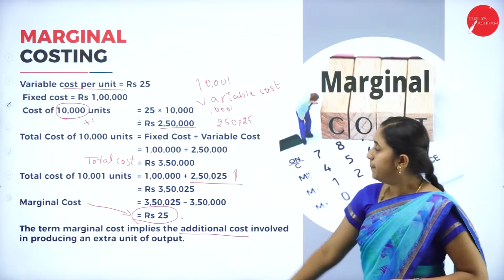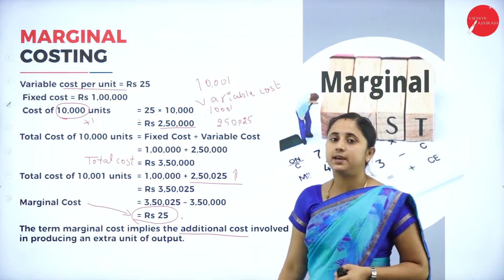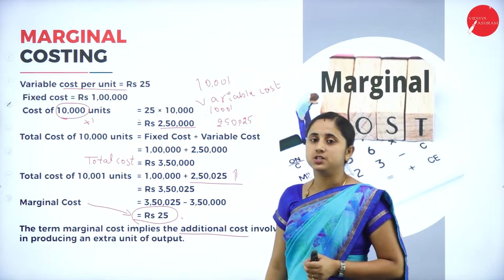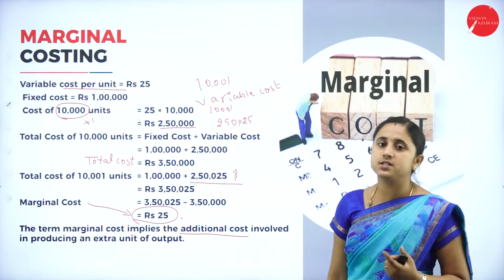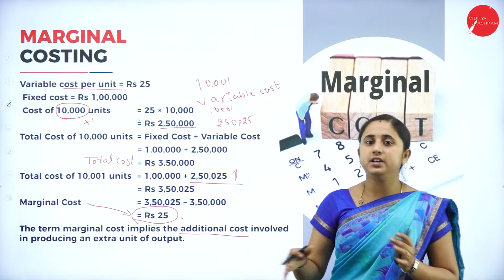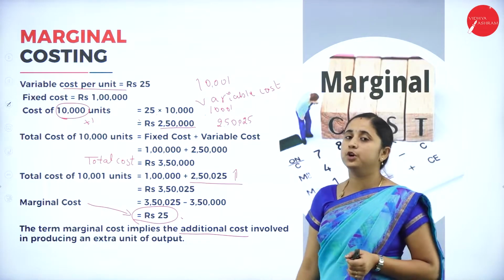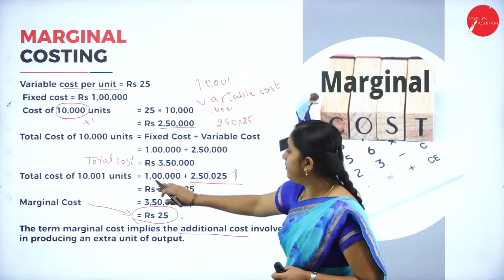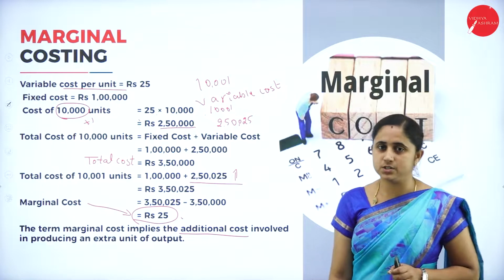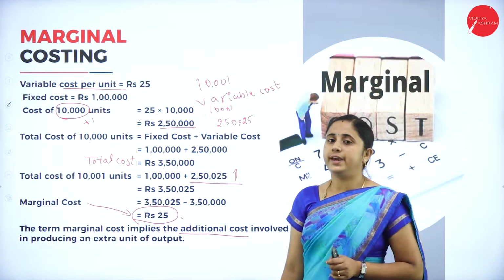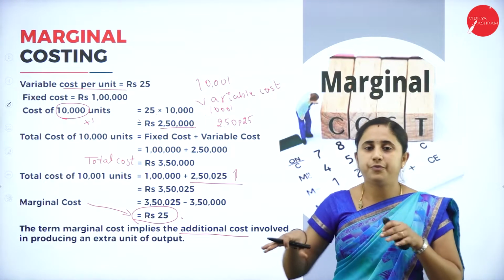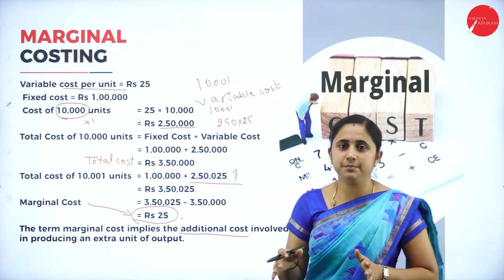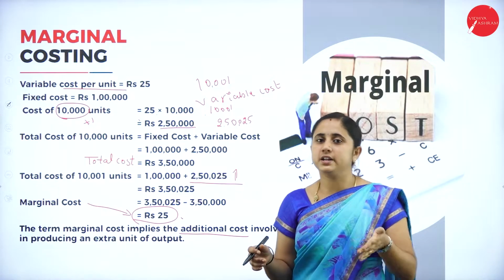But the fixed cost remains the same. Fixed cost is not affected by this change. Why? Because fixed cost is fixed. It will not change by the number of units. The change in the number of units will not affect the fixed expenses or fixed cost. For example, rent. For factory rent, if you are manufacturing a product in a rented building, you need to pay rent regularly.